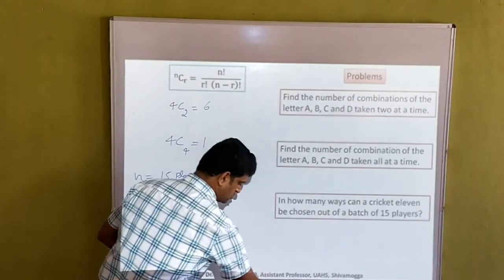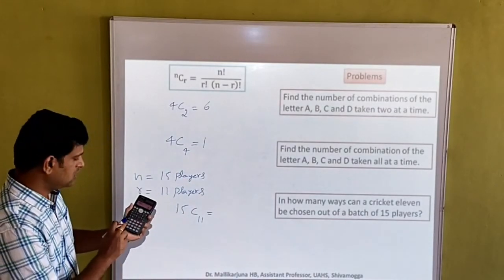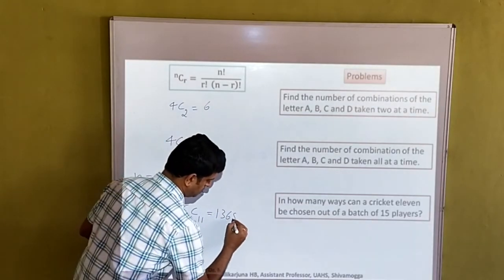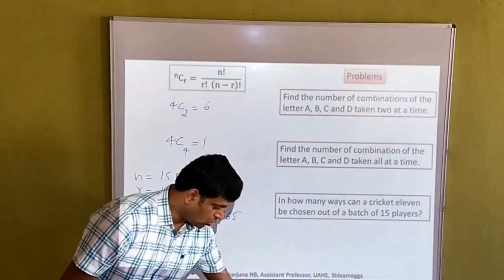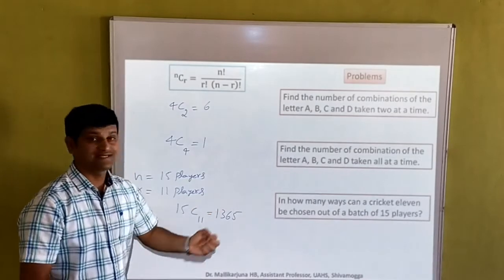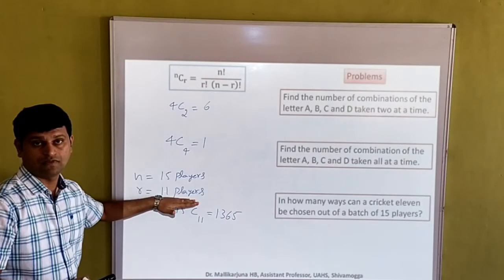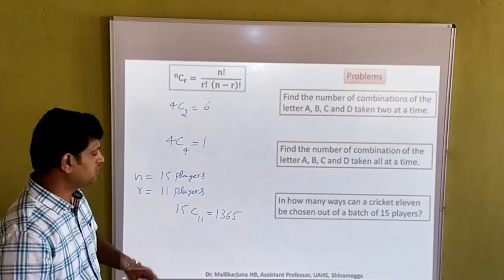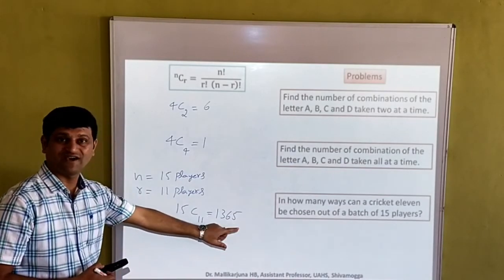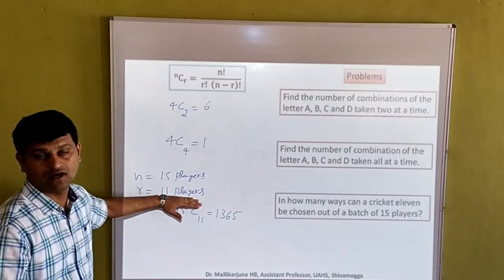You can use the scientific calculator: 15 shift nCr button, then 11, we get 1365. In 1365 ways, I can have teams of 11 players from the 15 players.